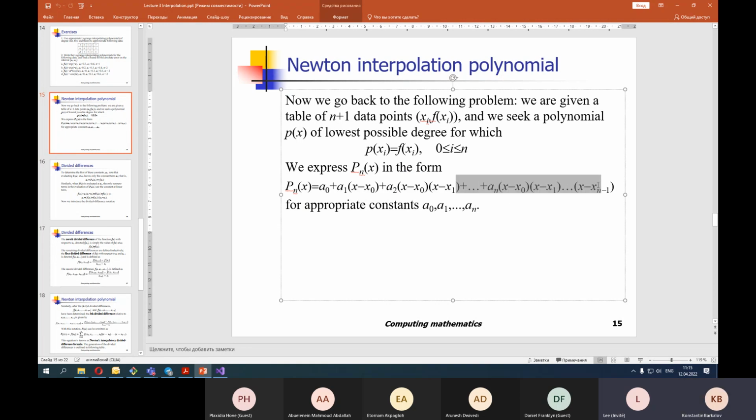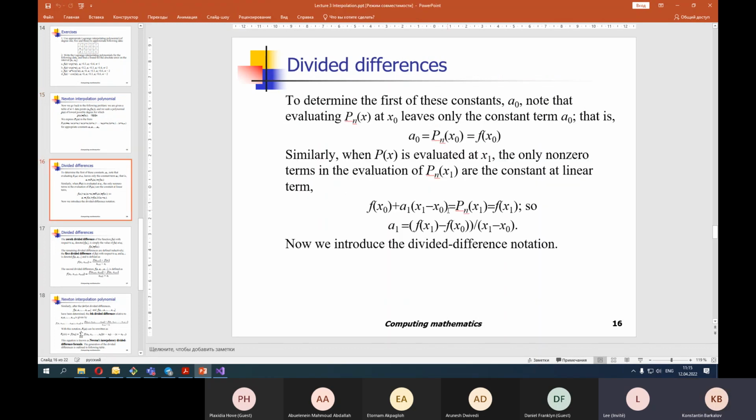And all other terms will be zeros, because x equals x2. And after that, we will have a very simple equation for the coefficient a2. We can solve it. We can find the coefficient a2, and after that we can write a polynomial.